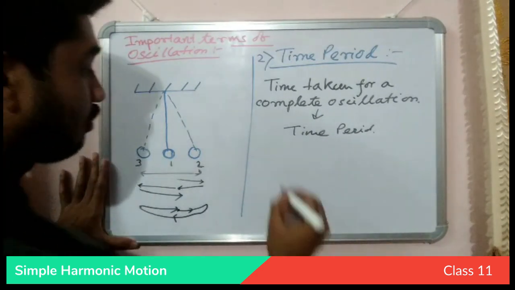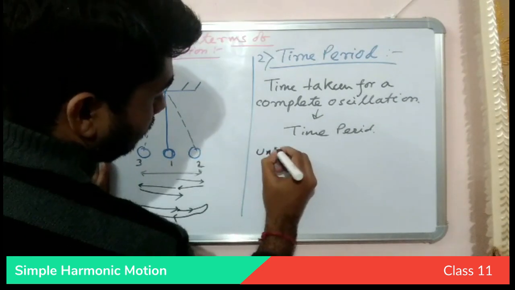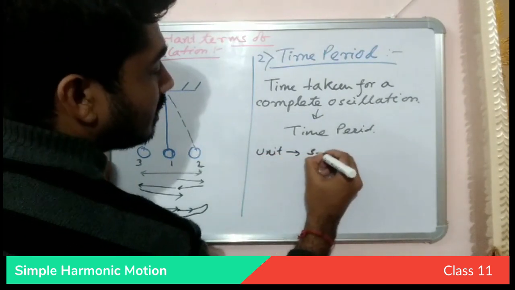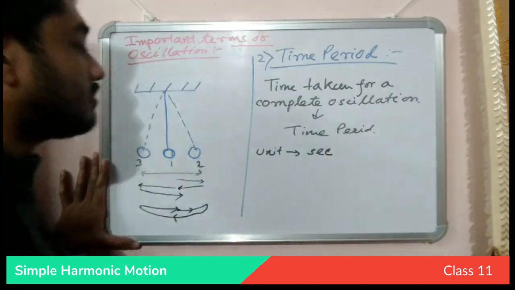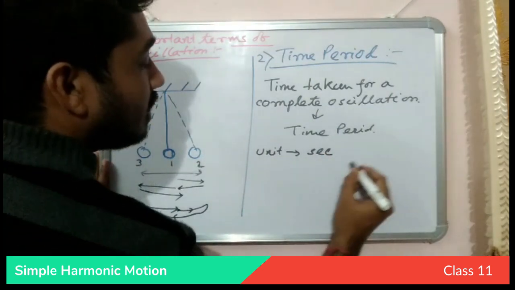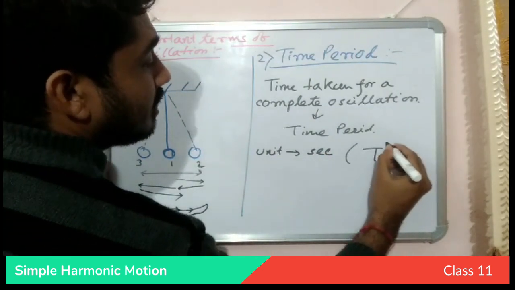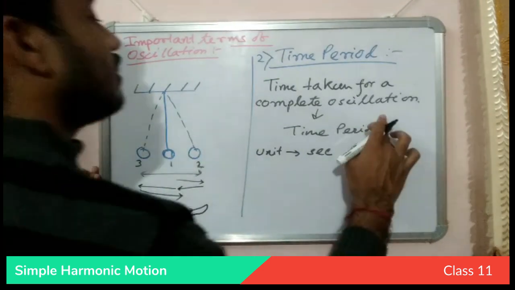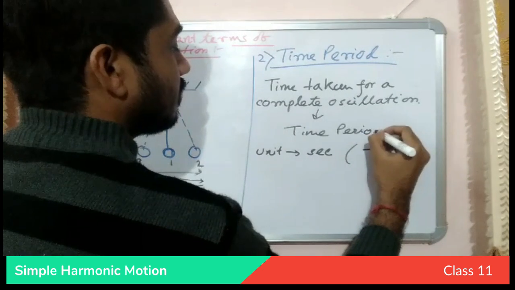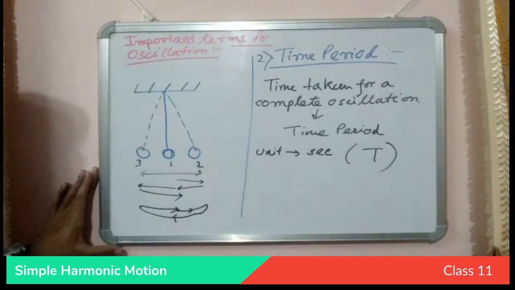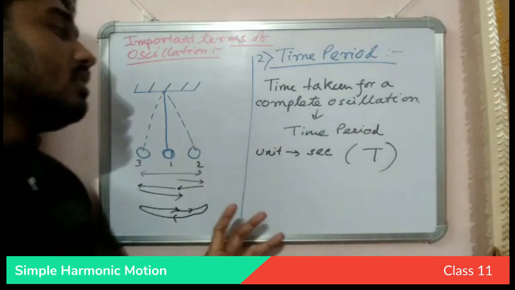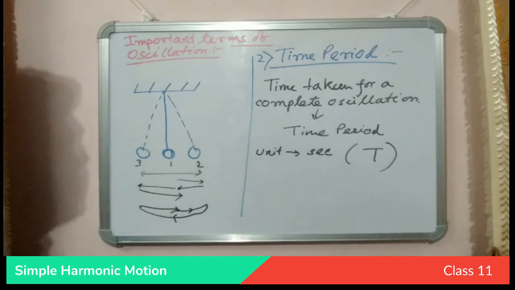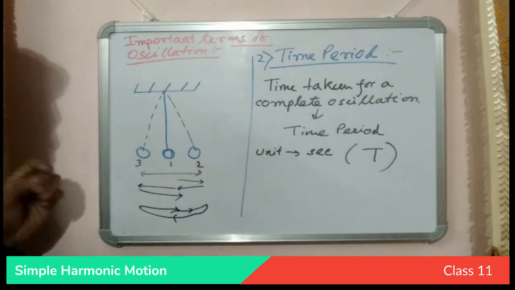The unit is always second, and it is denoted by capital T. So the time taken for a complete oscillation is the time period.